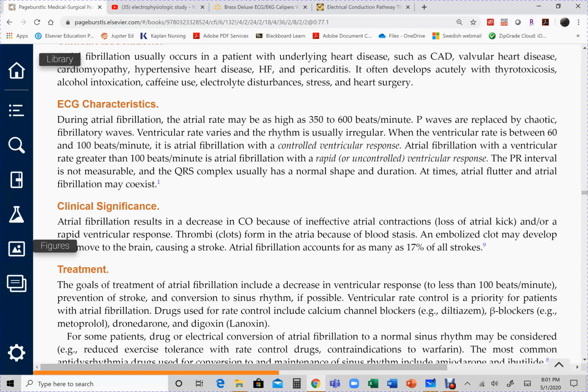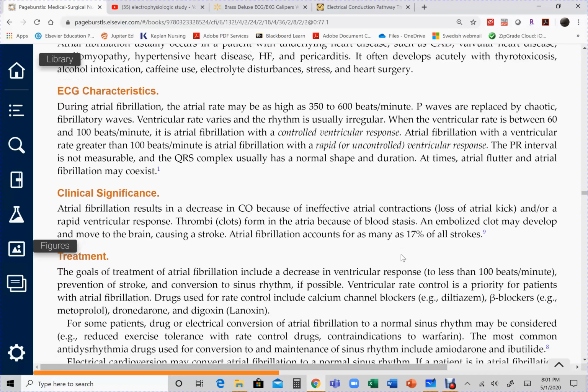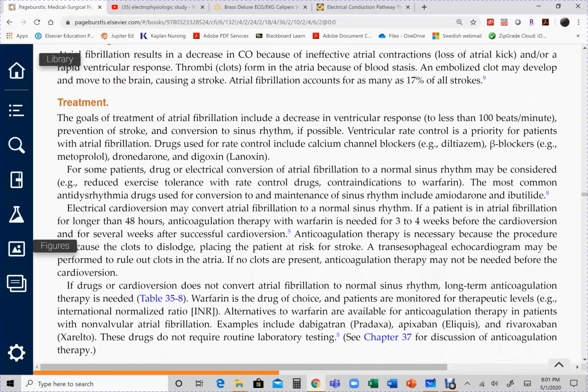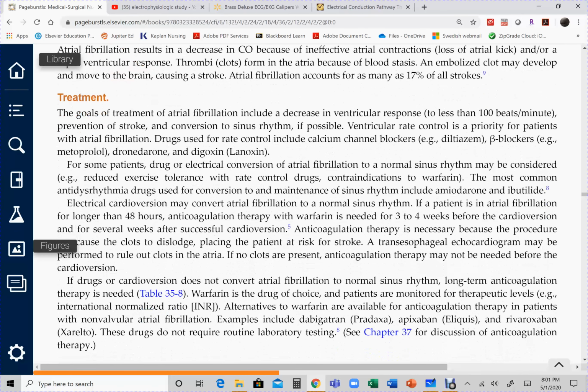If there is a rapid ventricular response, that's very dangerous. You have to convert them as quickly as possible. But as long as you can control the rate, they respond to the calcium channel blocker infusion, then they should be okay.